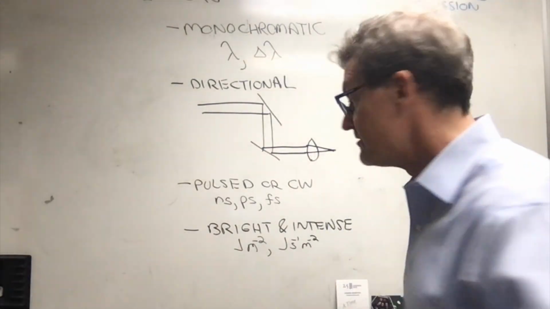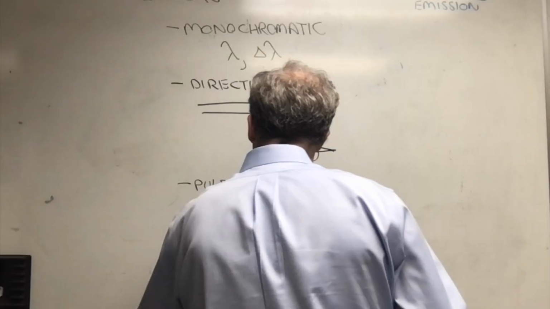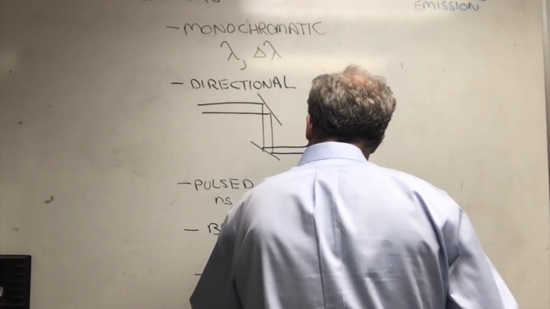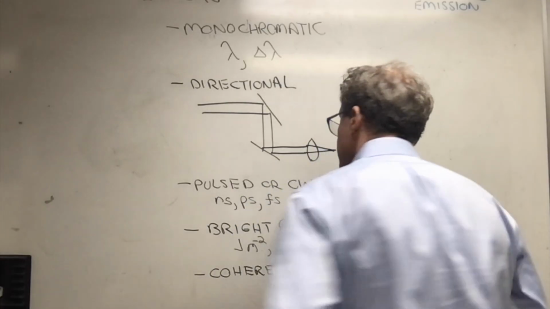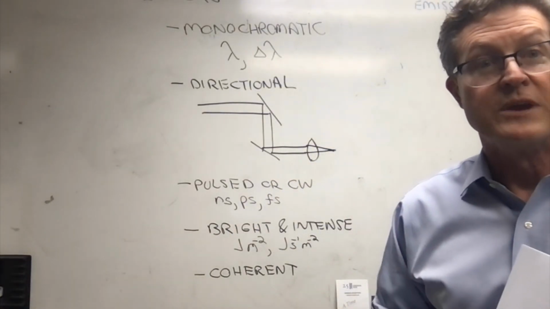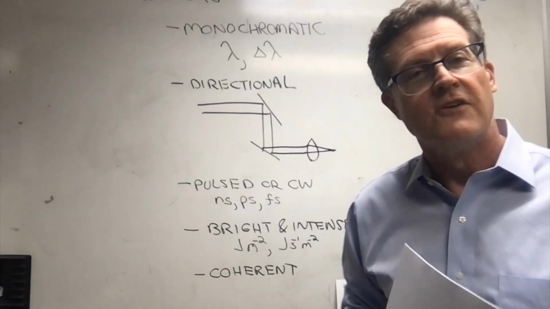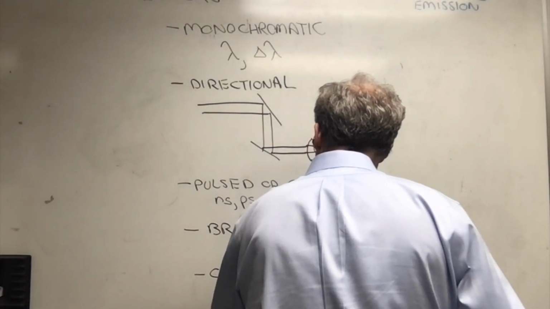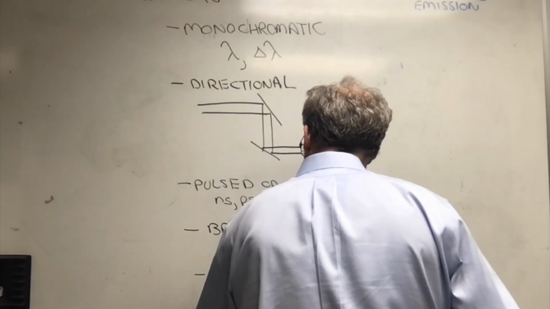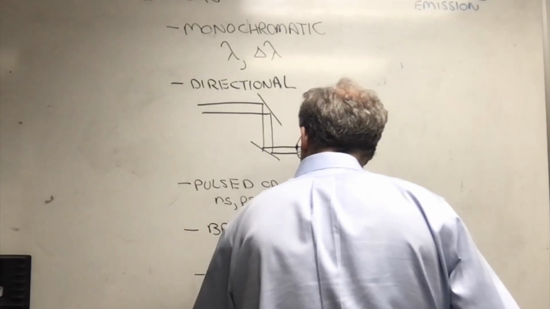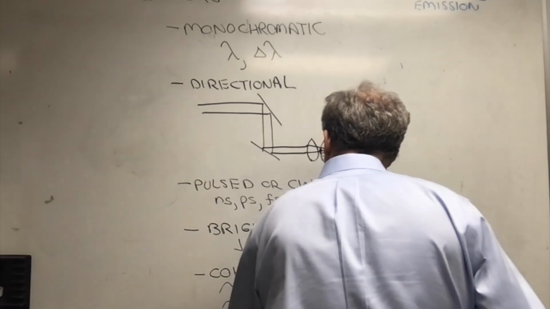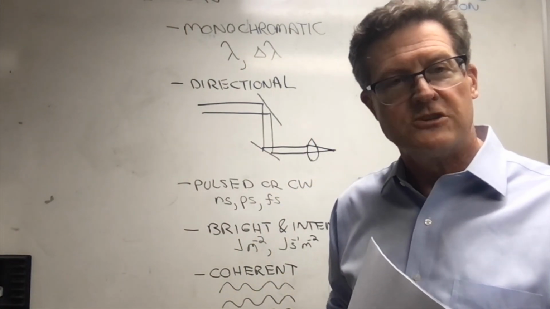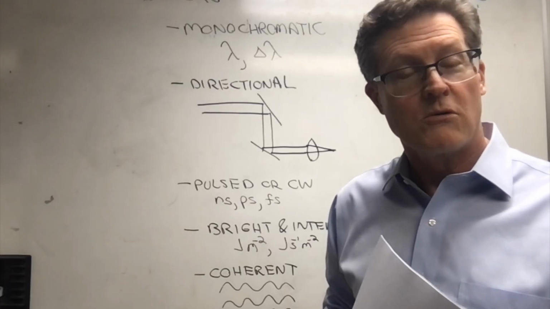Then on top of it all, we can make lasers coherent. Laser radiation is intrinsically kind of coherent. That is, a good phase relationship between all of the photons. They're oscillating in phase, and they do that and have aspects of both spatial and temporal coherence.